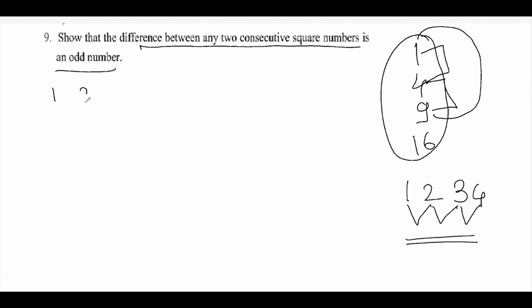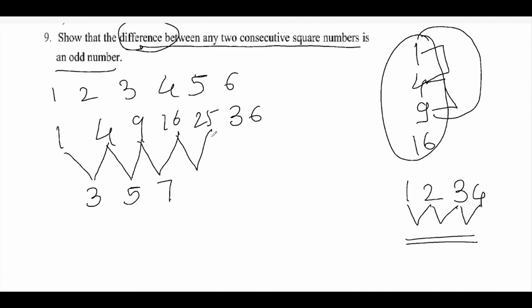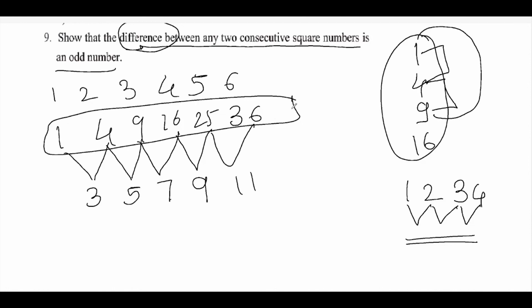Now let's take these numbers, and these are the squares, and what we have to check is the difference. Difference is subtraction. The difference between these two is 3. This is 5, 7, 9 and 11. So the differences between these numbers are all odd numbers.